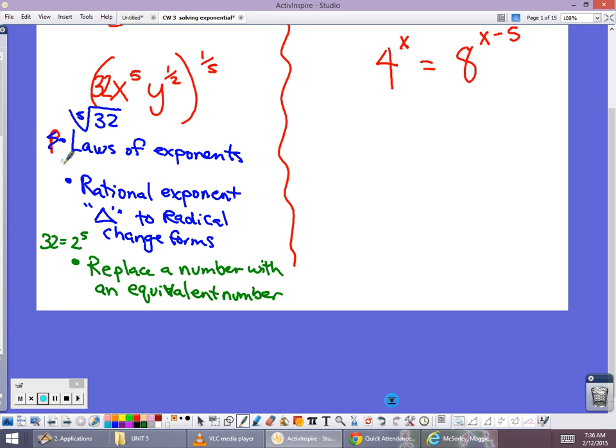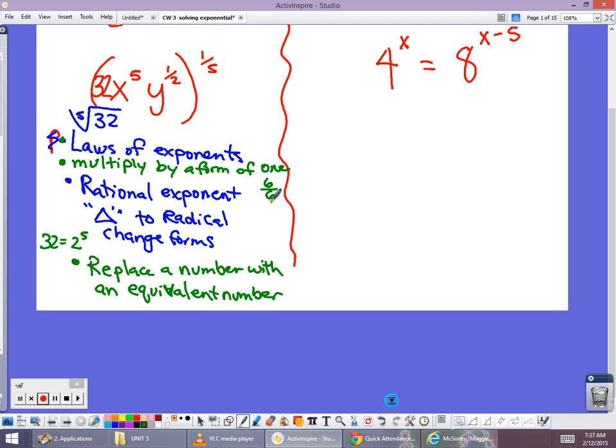Multiplying by 1 is not going to hurt anything. It's not going to change the equality. Multiply by a form of 1. So that could be like 6 over 6 to get the same denominator or whatever it is. So these are some great strategies that you can use when you're simplifying and evaluating.